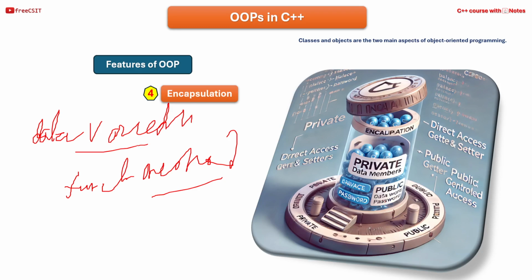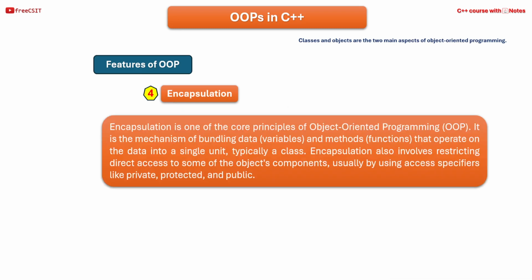Encapsulation also involves restricting direct access to some of the object components, usually using access specifiers like private, public, and protected, and it is done for data hiding and abstraction.